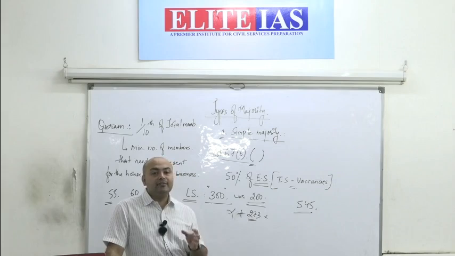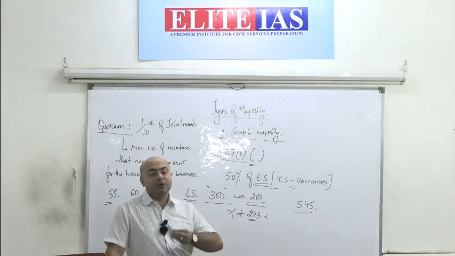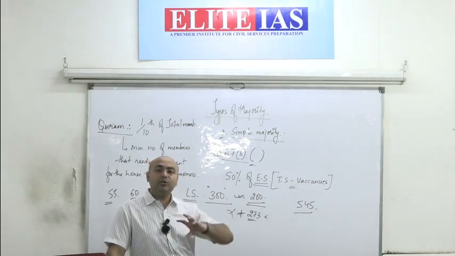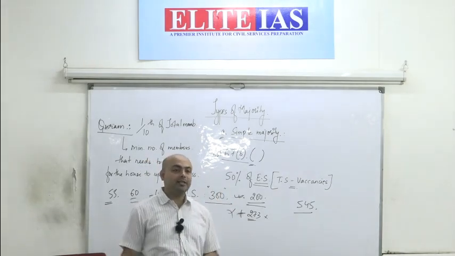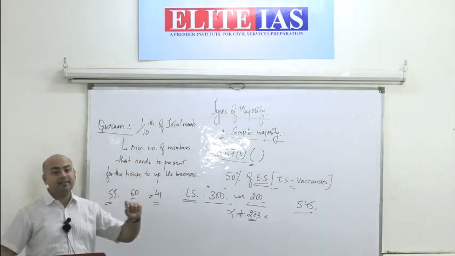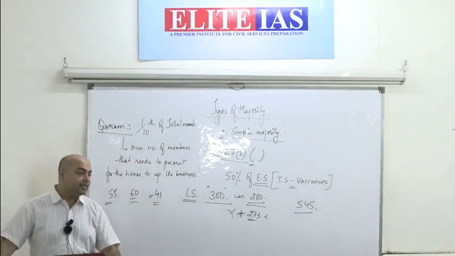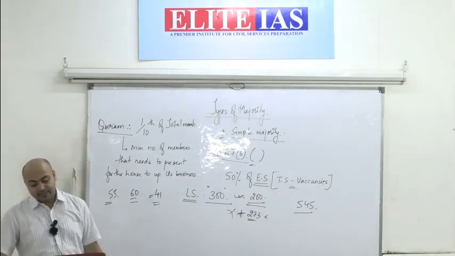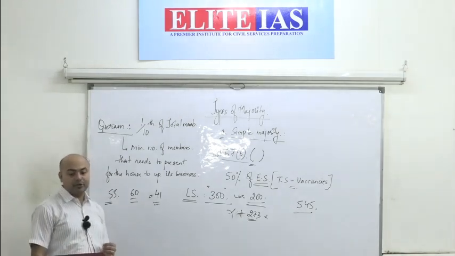And it says that for this, through a special majority, a resolution has to be passed by the state legislative assembly. Once it passes the resolution, then it goes to the parliament, and then parliament creates the house. So when it is to be passed in the state legislative assembly, it requires this kind of majority. Clear?